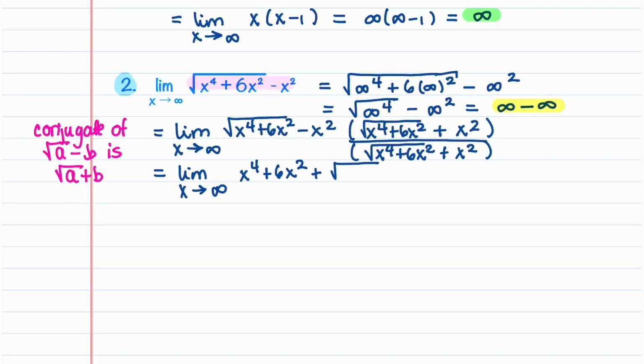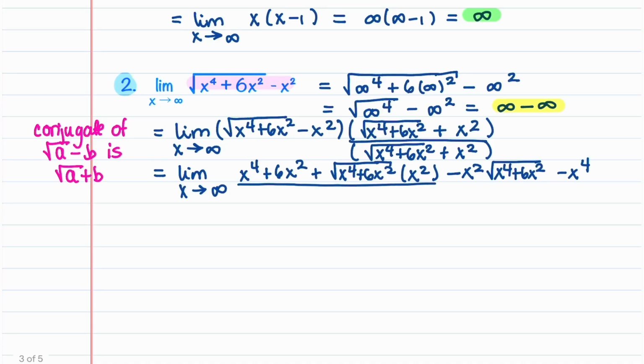That is the square root of x to the fourth plus 6x squared times x squared. Now let's multiply the inner terms. I'm going to go ahead and put parentheses up here to make it easier. The inner term is minus x squared times the square root of x to the fourth plus 6x squared. And then finally our last terms, which is our x squared terms multiplied, which is minus x to the fourth.